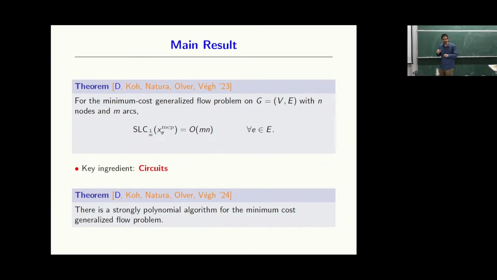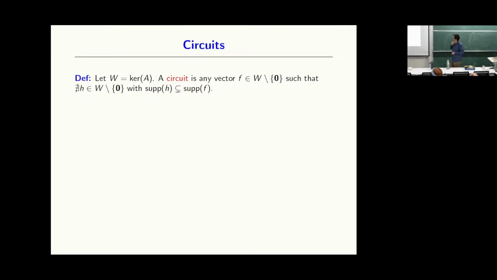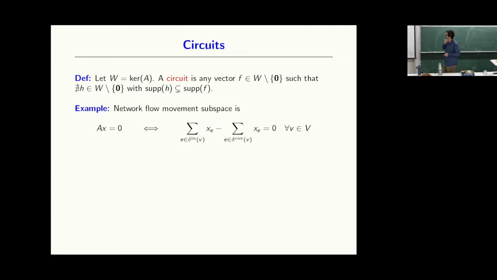So now there is actually a connection to matroids. Maybe people like matroids. And the key thing that will be important here will be the structure of the circuits of the matrix A that defines the linear program. So what are circuits?